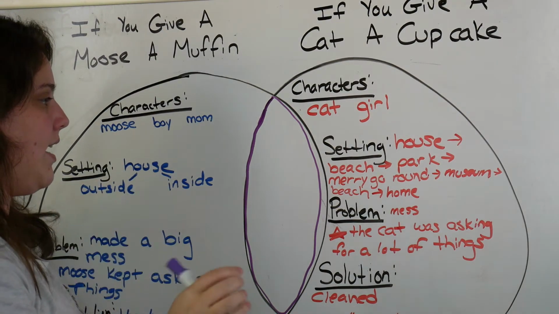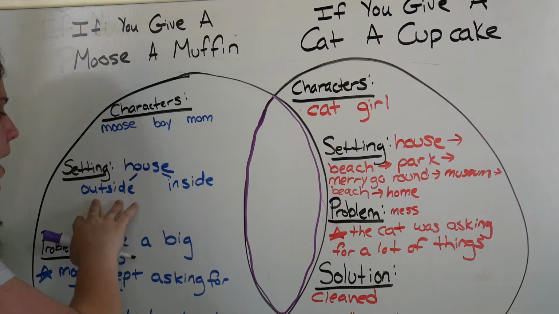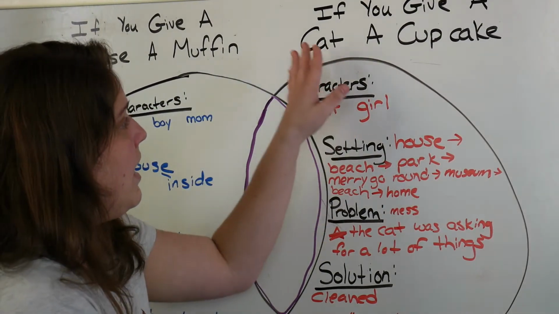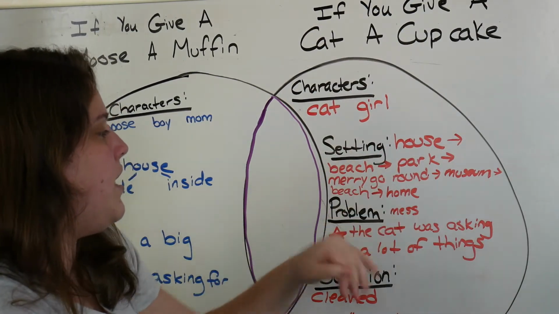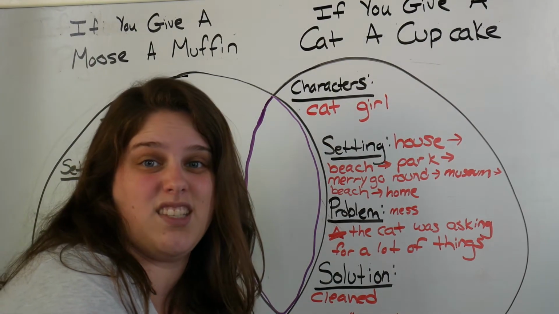Let's think about the setting. The setting in If You Give a Moose a Muffin, they are in the house, they go outside in the backyard, and they go inside the house. If You Give a Cat a Cupcake, they went to the house, the beach, the park, the merry-go-round, the museum, the beach, and then they went back home. Ooh, I do see something that repeats that's the same.